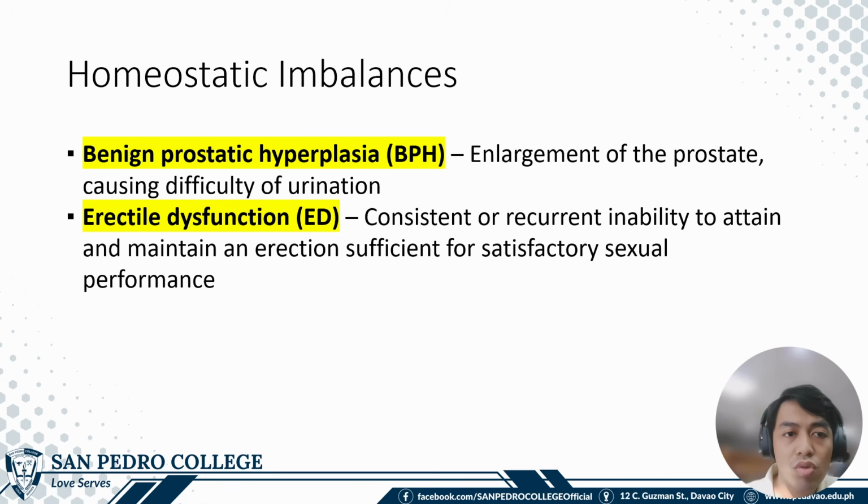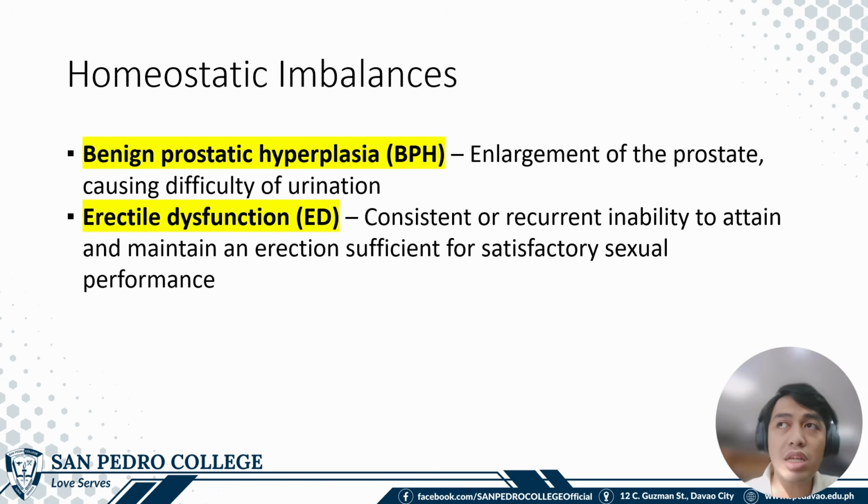The following slides show the different homeostatic imbalances in the reproductive system, starting with benign prostatic hyperplasia or BPH, wherein the prostate that hugs the prostatic urethra enlarges and results in difficulty of urination. Erectile dysfunction or ED is a consistent or recurrent inability to attain and maintain an erection sufficient for satisfactory sexual performance.